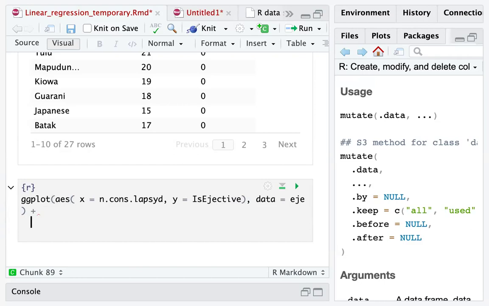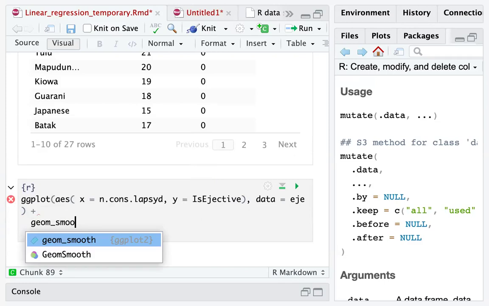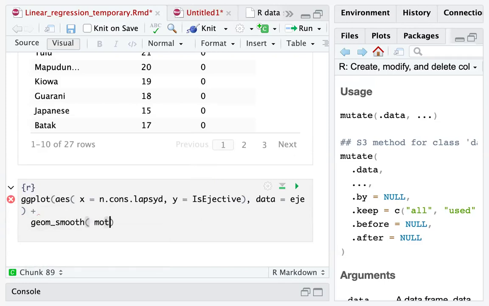And then to do a linear regression, we use the usual command geom smooth. But now the method is not a linear method; it's a generalized linear method, GLM. Generalized why? Because P of X is not linear, but the log of the odds is linear, so it's a generalized linear model.